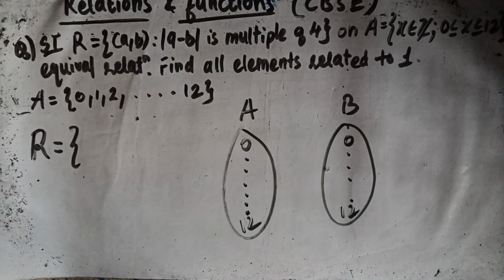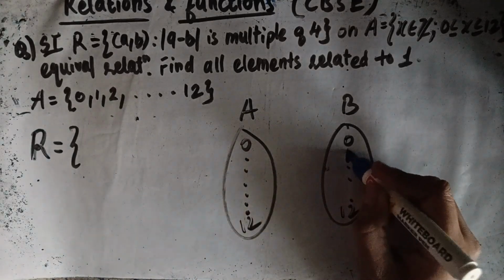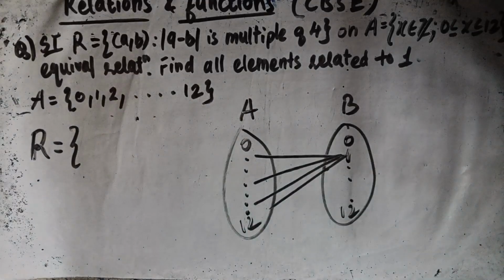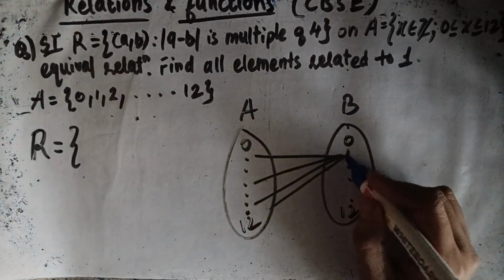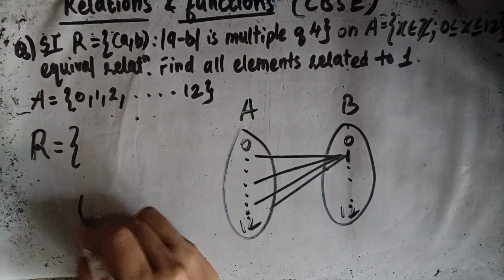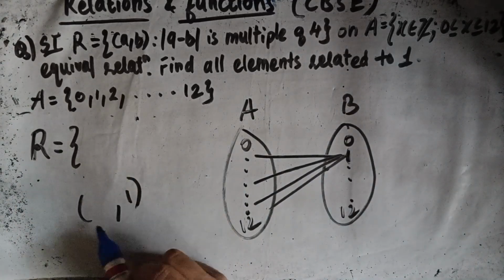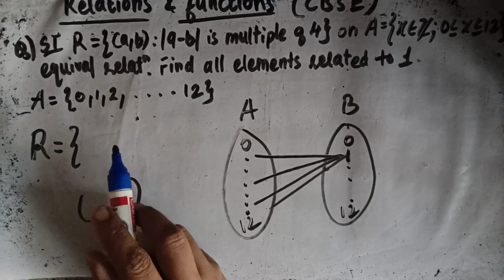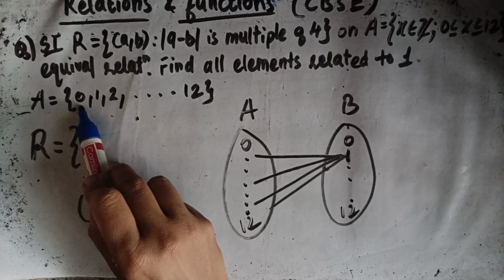You have to just find the elements which are related to 1. So your B is fixed. You have to fix your B and change only A. So you have to start from 0.